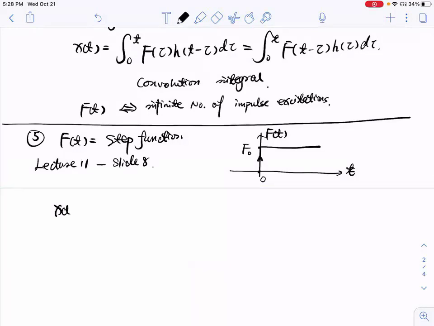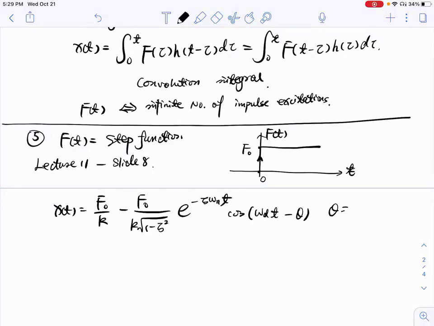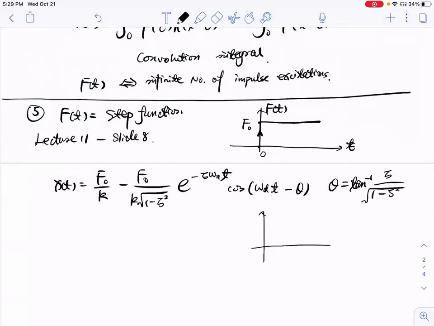So the solution is x(t) = F0/k minus F0/(k sqrt(1 minus zeta squared)) e^(-zeta omega_n t) cos(omega_d t minus theta). And then your theta is the inverse tangent of zeta over the square root of 1 minus zeta squared. So if you don't remember the response, I can draw it for you. So your x(t) will be something like this.